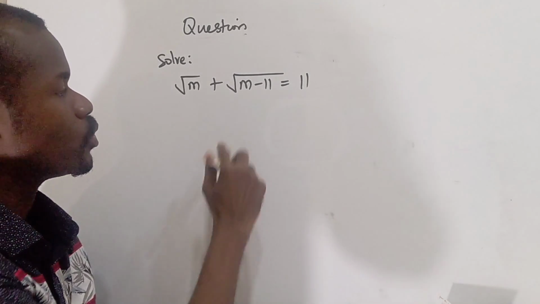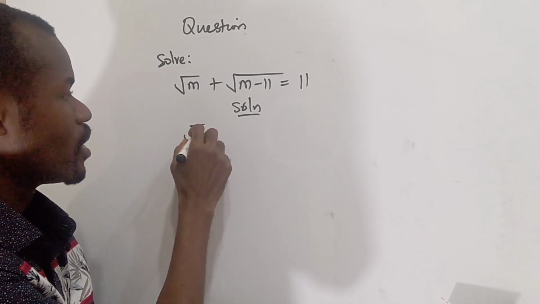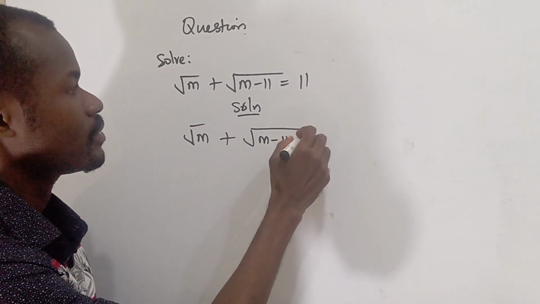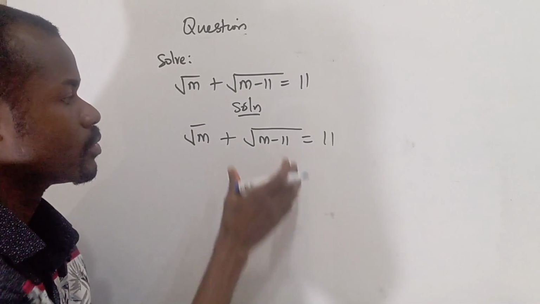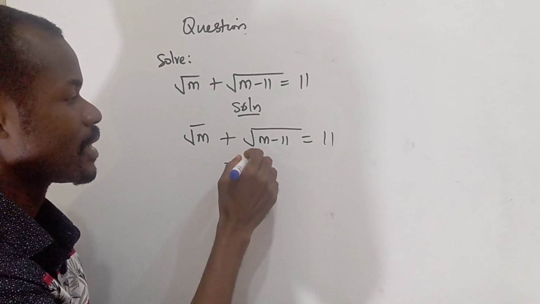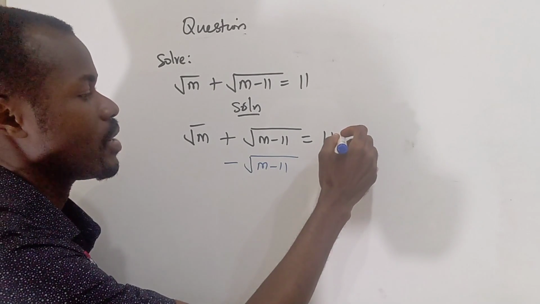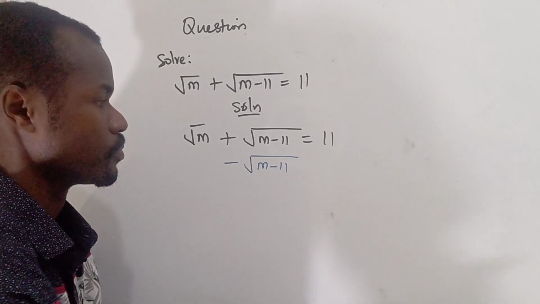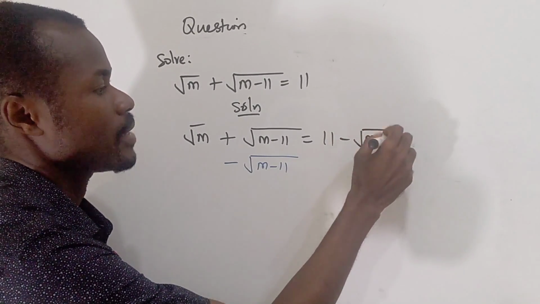Alright, so our solution: I have square root m plus square root m minus 11 is equal to 11. The first thing I want to do is take this to the other side by subtracting square root m minus 11. So we are also going to subtract square root m minus 11 on the left.